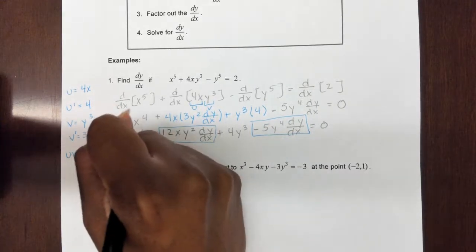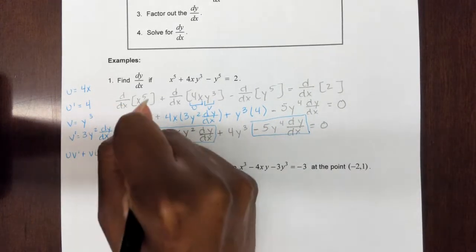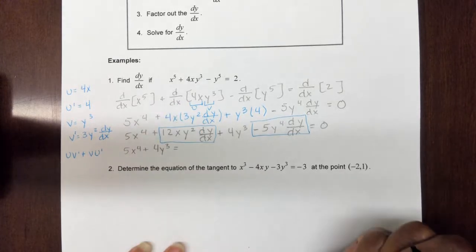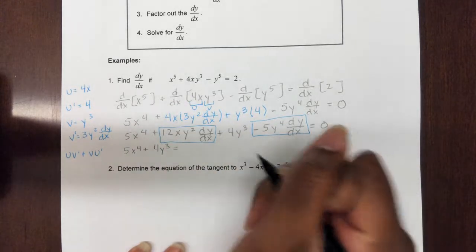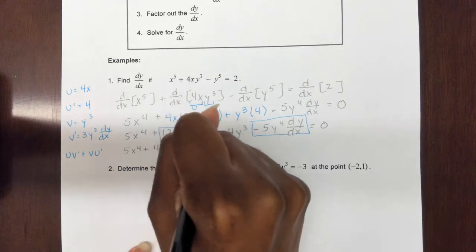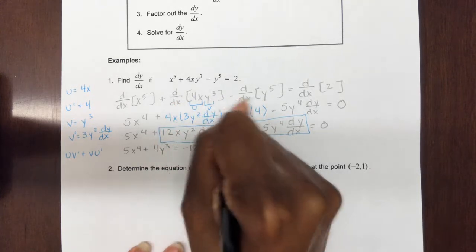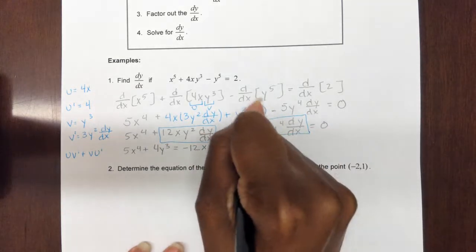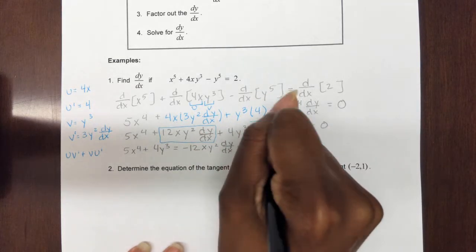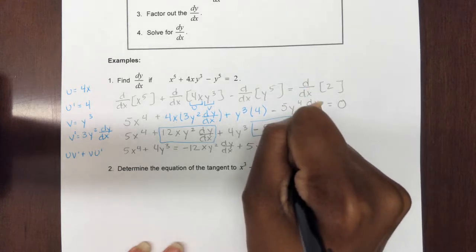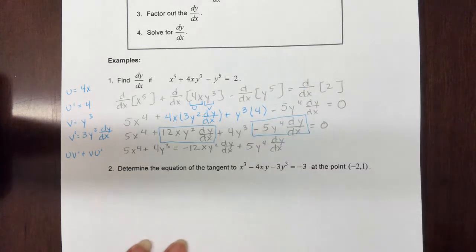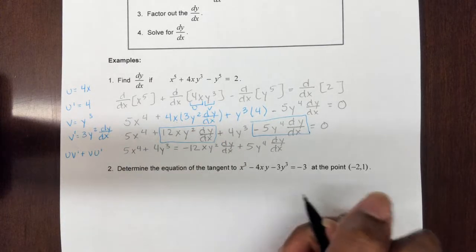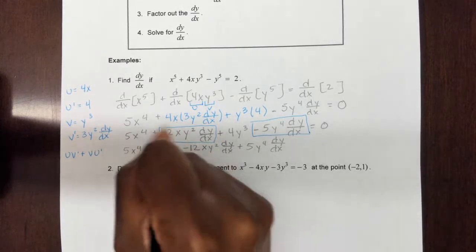So we have 5x to the fourth plus 4y cubed equals negative 12xy squared dy/dx plus 5y to the fourth dy/dx. Now we want to factor out our dy/dx terms.